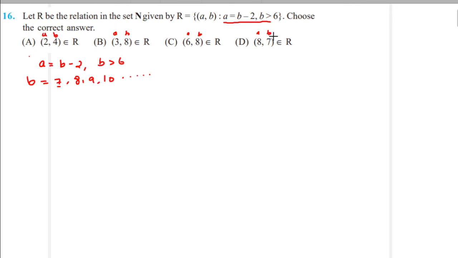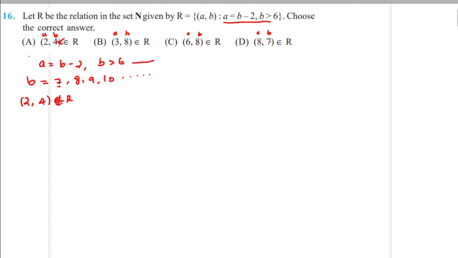So for (2,4), b here is 4, we can't take this one. So (2,4) does not belong to R. That means A is wrong.